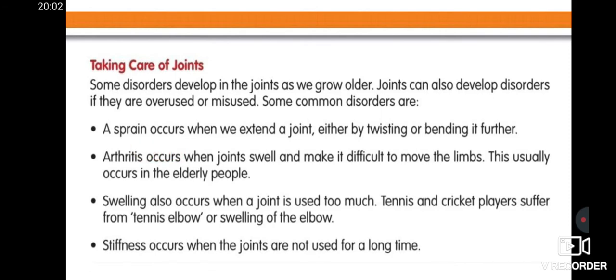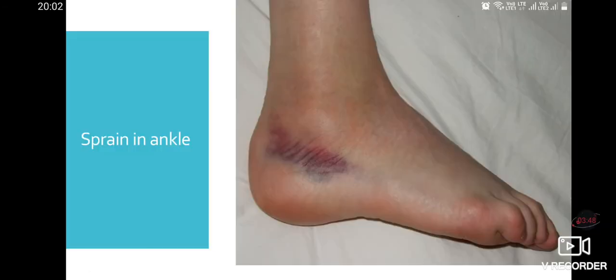You will see in the picture. Over here you can see a sprain that occurred in the leg. This is a kind of sprain, and this is definitely a disorder.